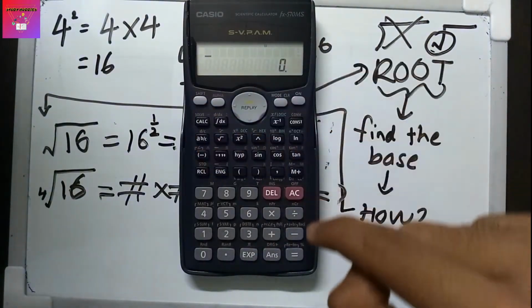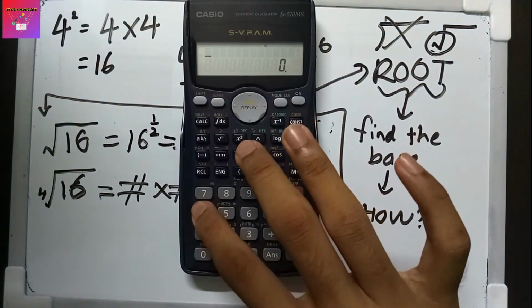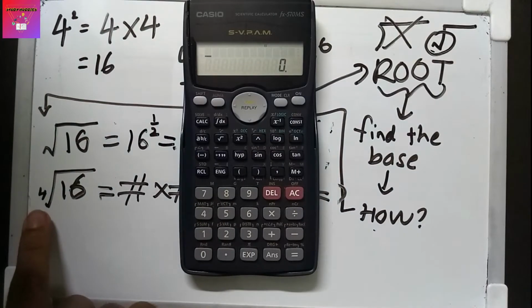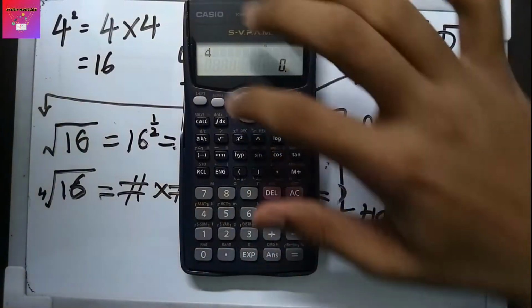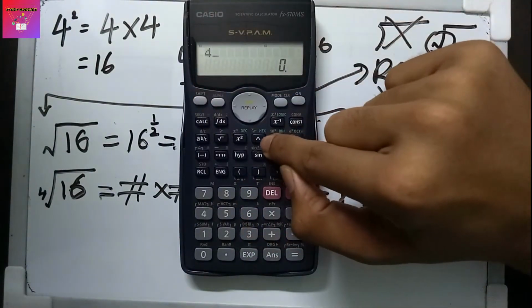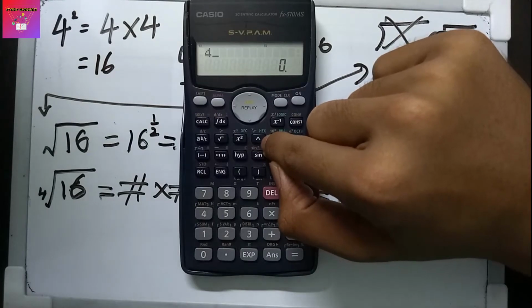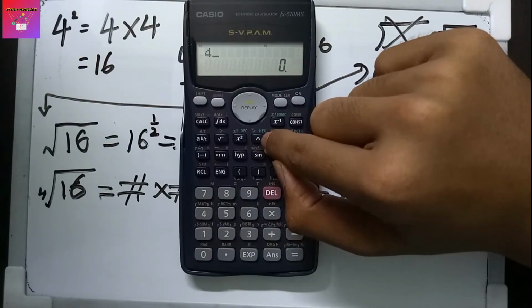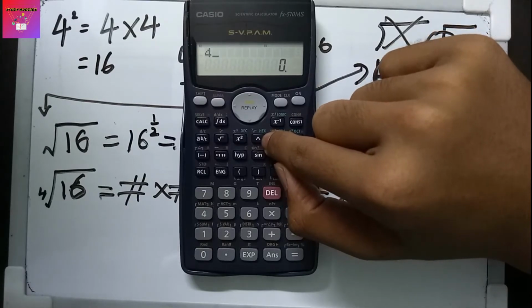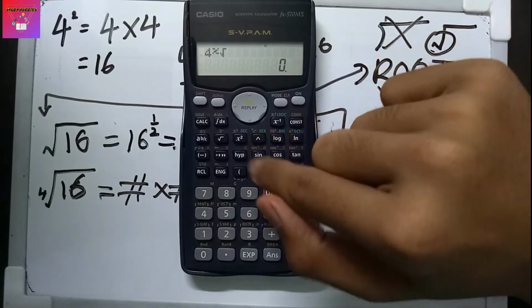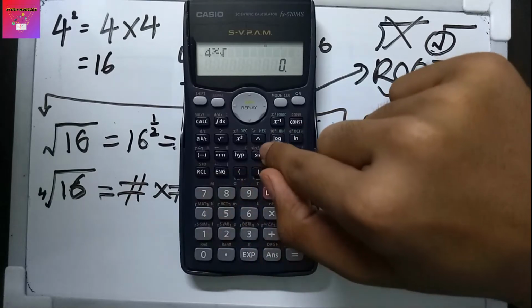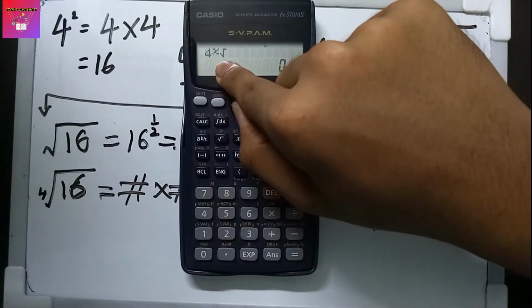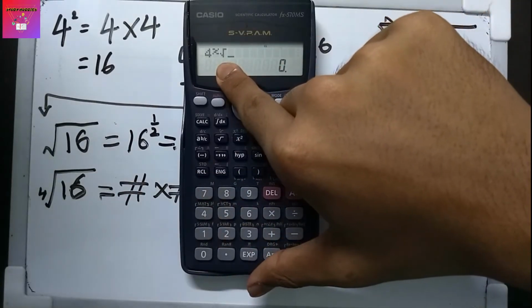So how can we do this in a calculator? First you type out the number which you are going to root, in this case 4, then press shift and this button. If you remember in the previous video on index, I mentioned that this button is to notate powers which are more than number 3. Since this is more than number 3, we are going to use this symbol, and now you would see a root symbol over there.